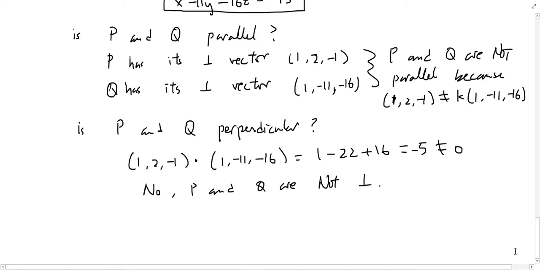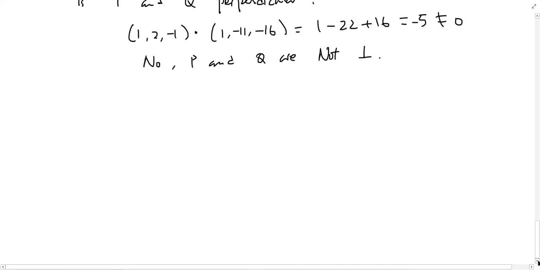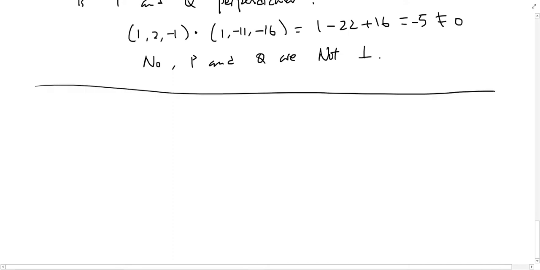Now, before we move on to the last topic, I do want to talk about this. What if you are given 3 points? How would you go about finding the equation of the plane? So let's say I ask you for this.